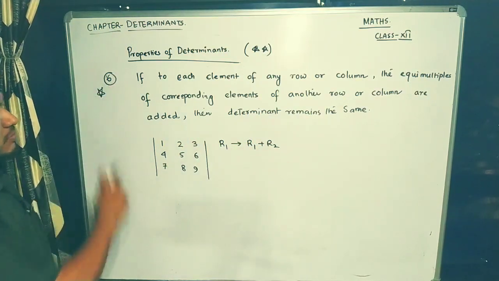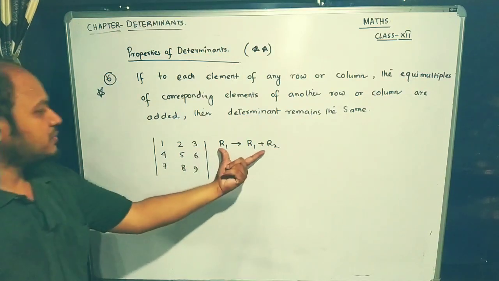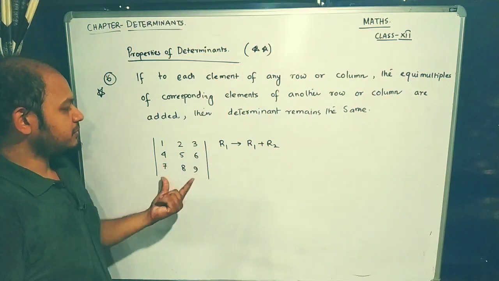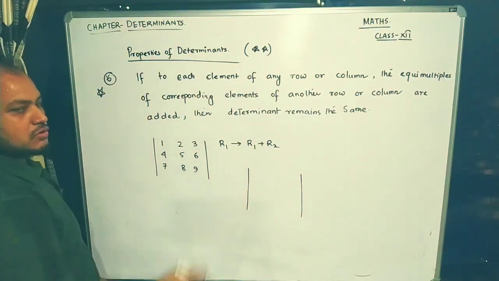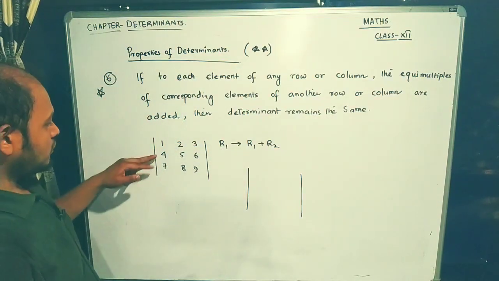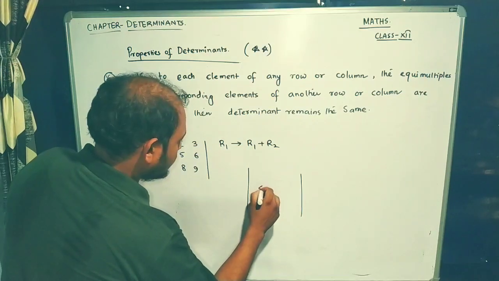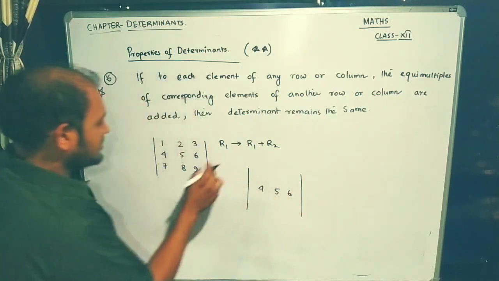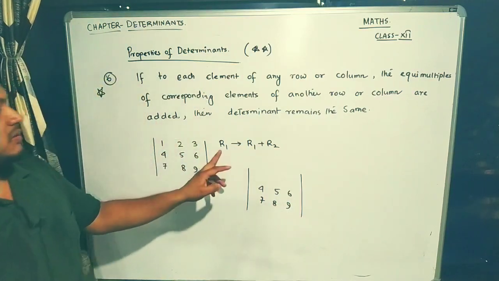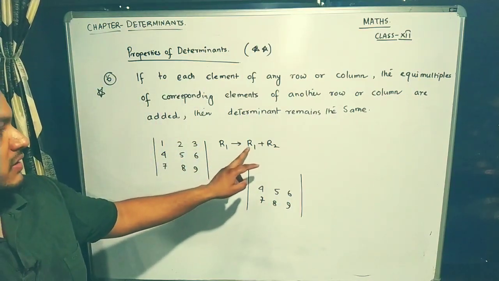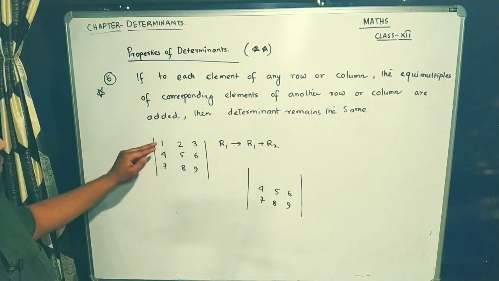This is property number 6. So what will happen if I perform this operation on this matrix? R1 is getting changed, so R2 and R3 remain the same. R2 is 4 5 6, and R3 is 7 8 9. Only R1 gets changed, and that is changing to R1 plus R2. So what is R1 plus R2?